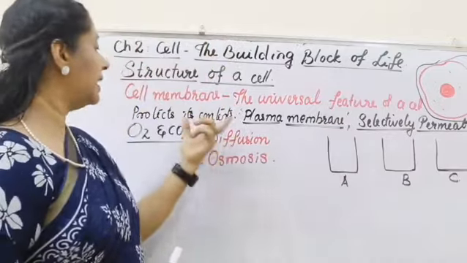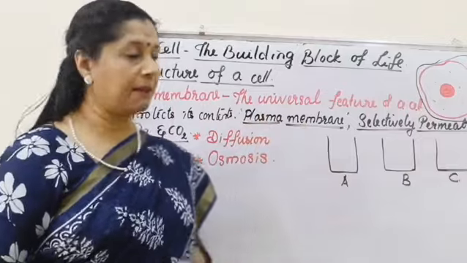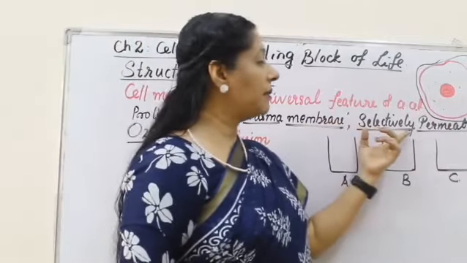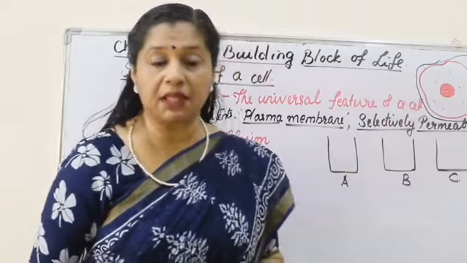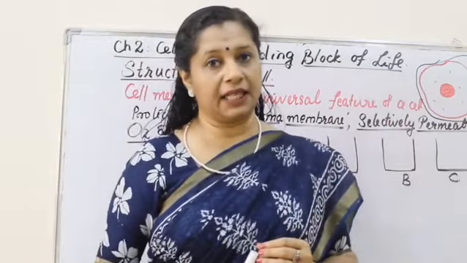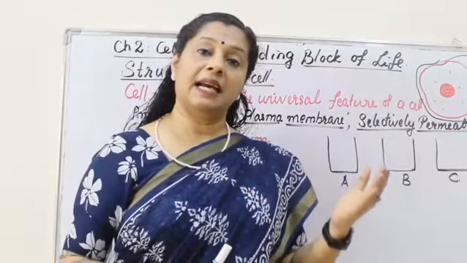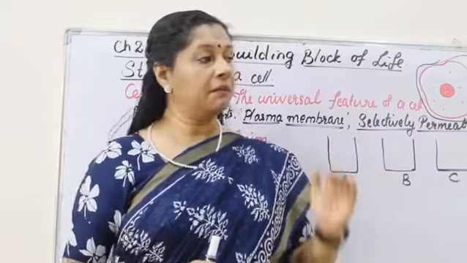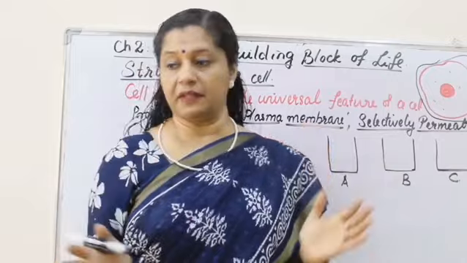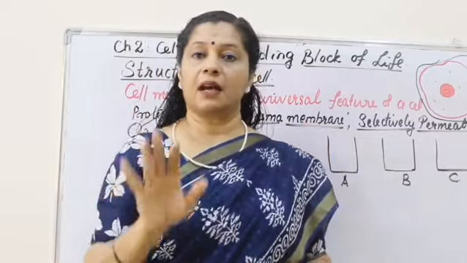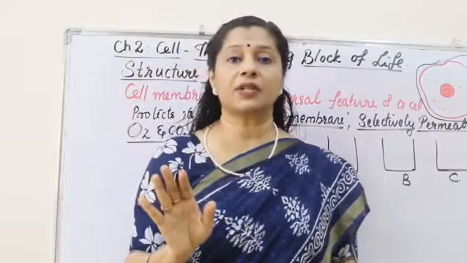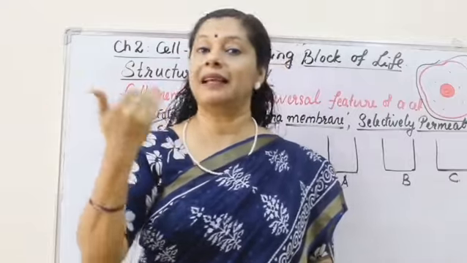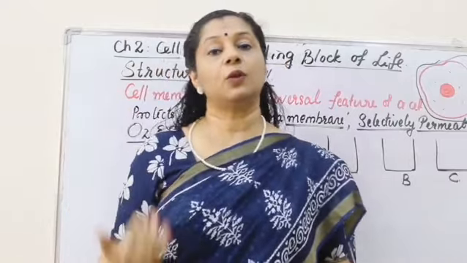As I mentioned, it can also be called a plasma membrane. And now the cell membrane is selectively permeable. We are talking about permeability here. Permeability means allowing substances to move in and out. For example, if I am having an office where the door is maybe a half door and there is no restriction, anyone can come in and go as and when they require to see me.